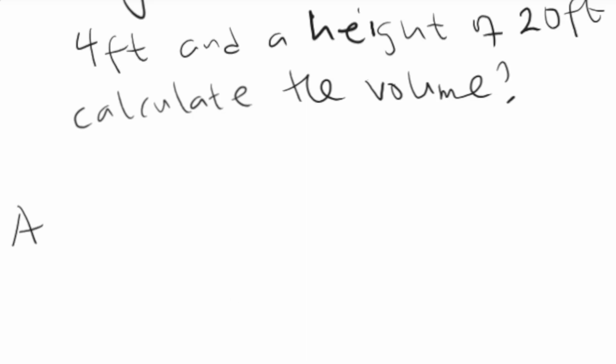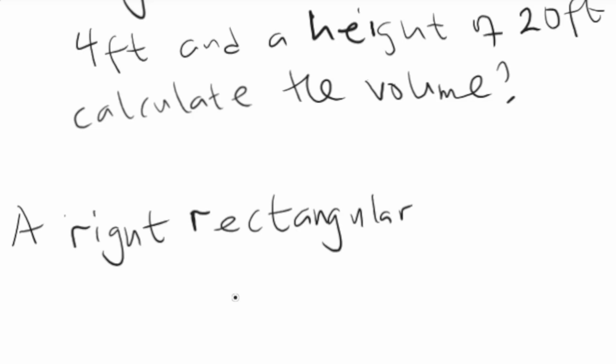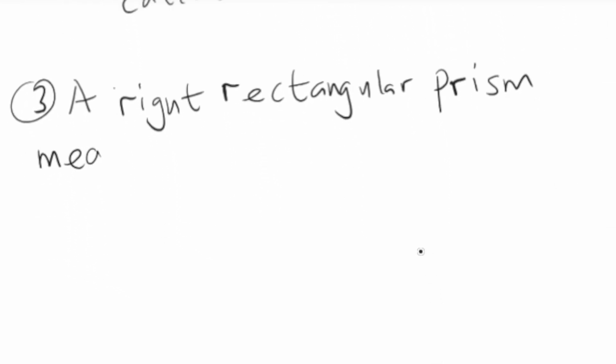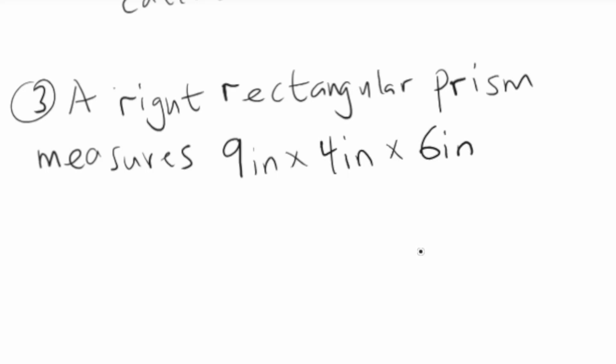Number 3: a right rectangular prism measures 9 inches by 4 inches by 6 inches.